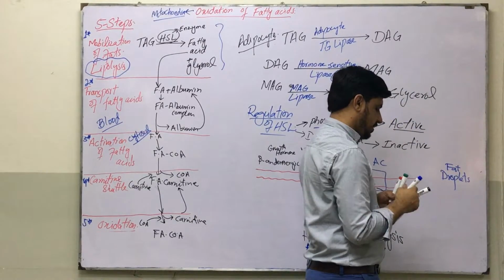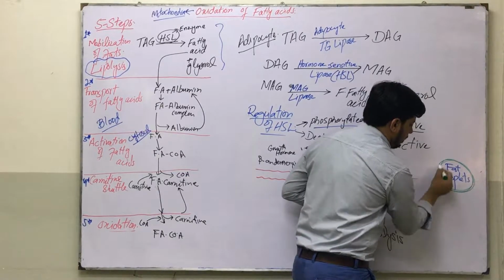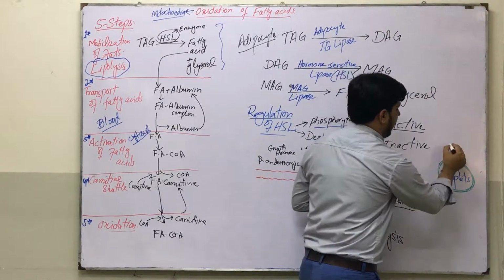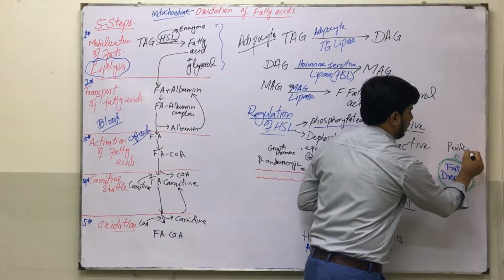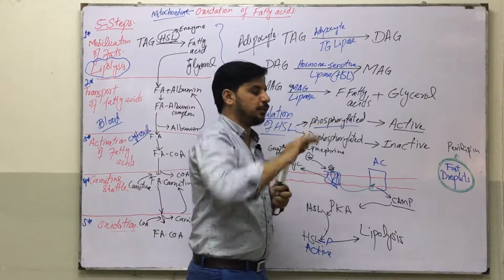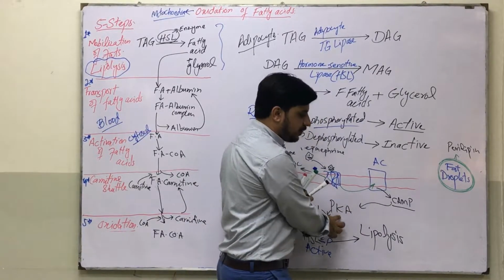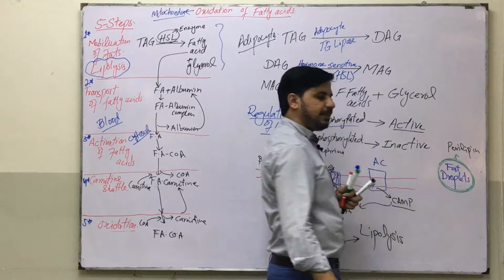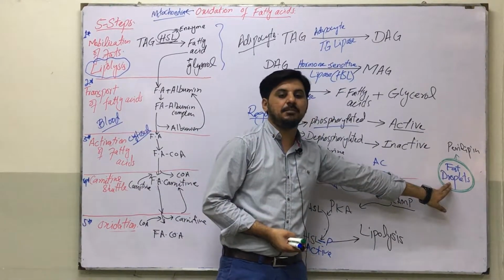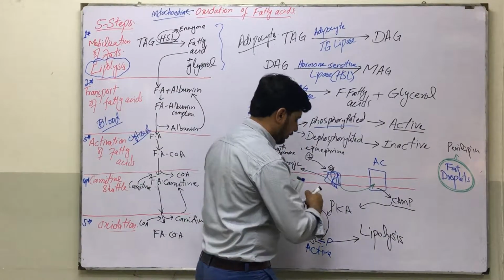These fat droplets are coated with another protein, which is the perilipin. When PKA phosphorylates this perilipin, then these fat droplets become available to this hormone sensitive lipase like this.